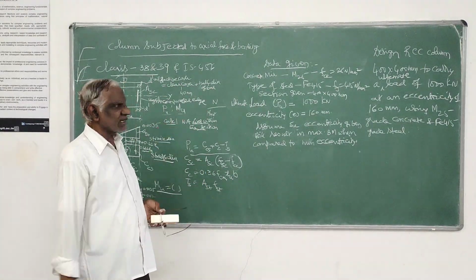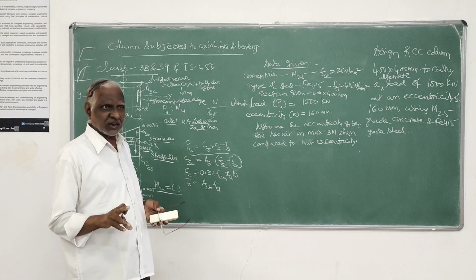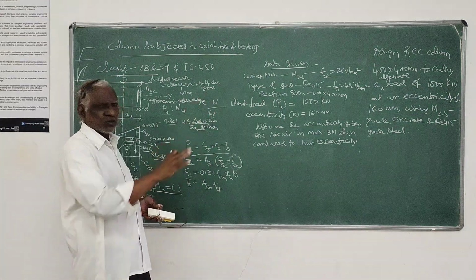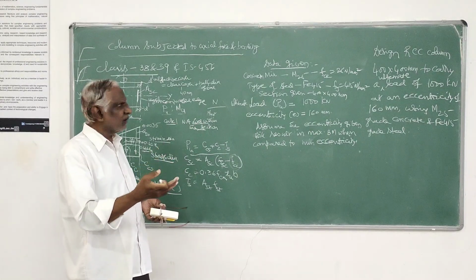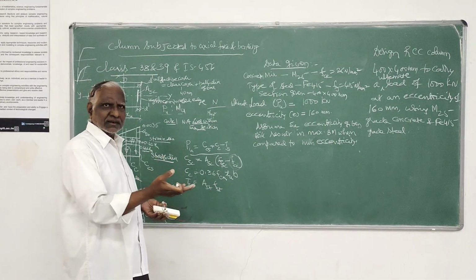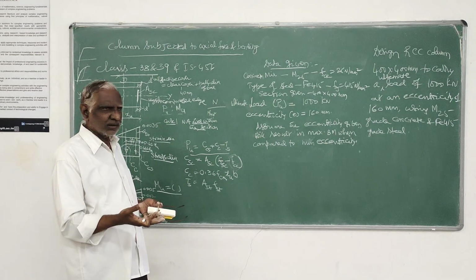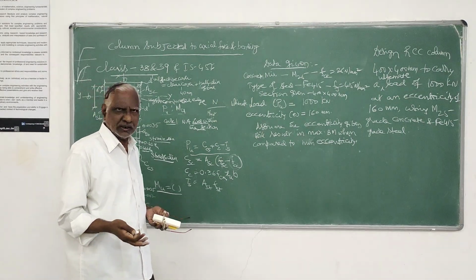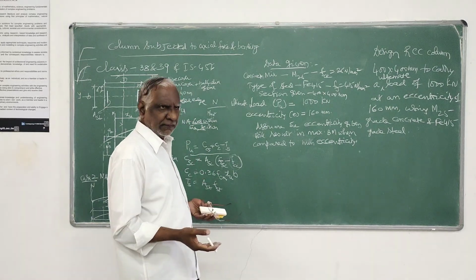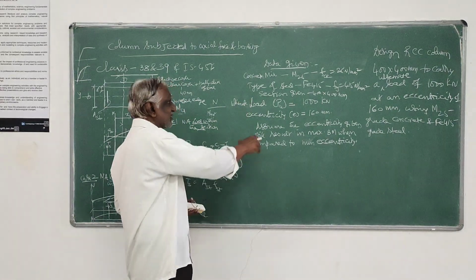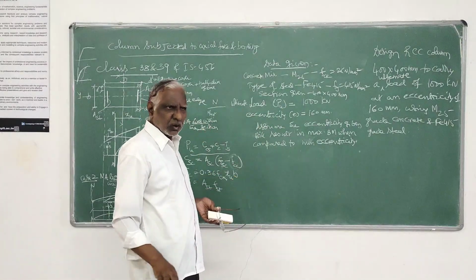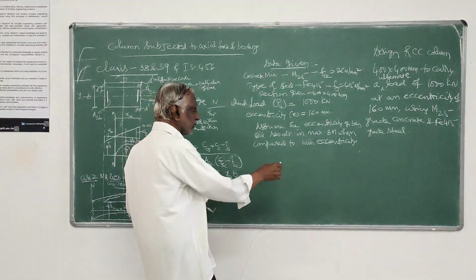For that section, minimum eccentricity you have to calculate, 0.05 D, that is 0.05 into 400. It comes to 20 mm only, or minimum 20 mm. The eccentricity given here is definitely more than that. You need not bother about that.